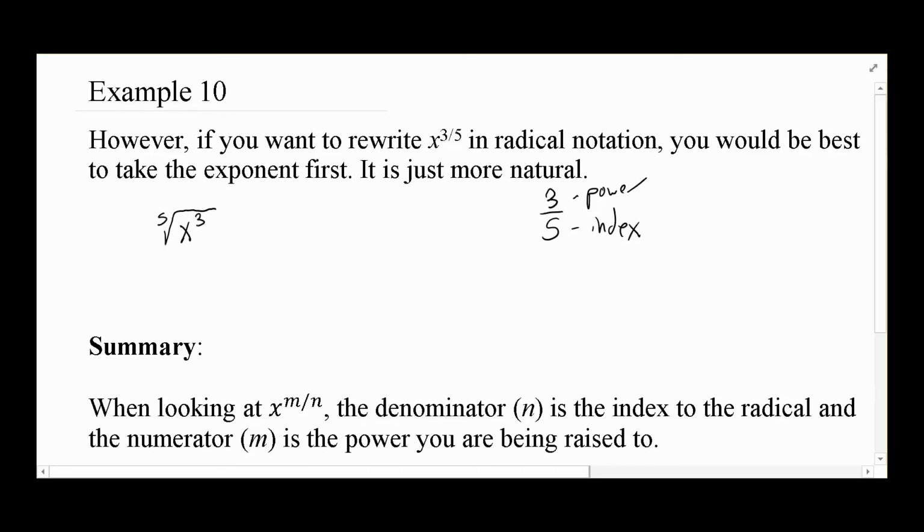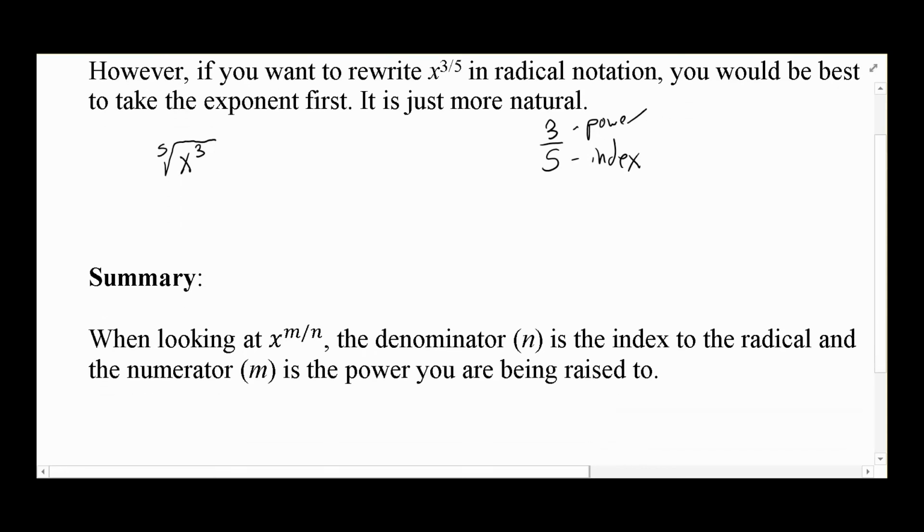That's how we're going to write it when it comes to writing in radical form. And so again, down here in the summary area is what I've said a few times before, and it's so important. When we have a fraction exponent, the denominator is the index of the radical. The numerator is the power we're raising to. That's the biggest thing that you've got to know.